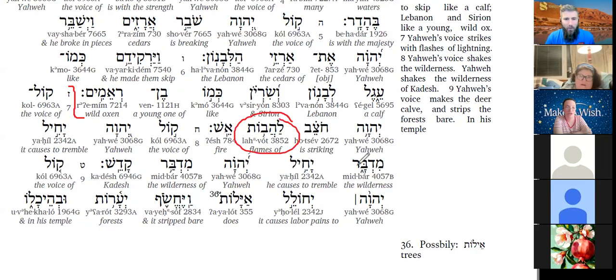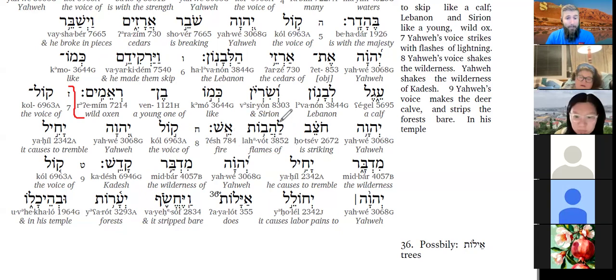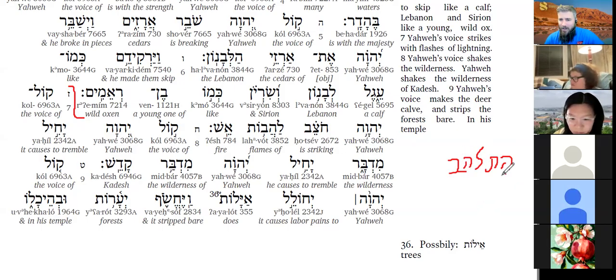What is the root of lahavot? Lahav. The lamed is part of the root. Lamed, he, bet. Lahav is a flame. Does anyone know the verb hitlahev?